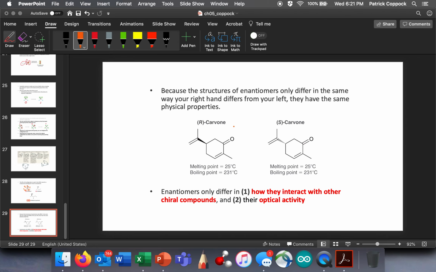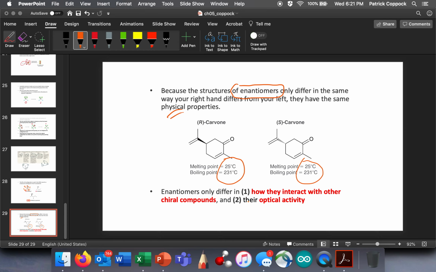All right, now it's important to appreciate that the structures of enantiomers only differ with respect to the mirror, like your right hand does to your left. They have the same physical properties. Yes, the same physical properties. Look at boiling points, melting points, same, right? In space, if you were to take the mirror image of it, it would look identical.